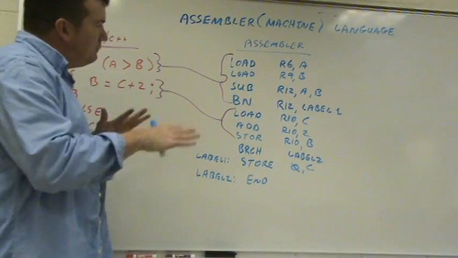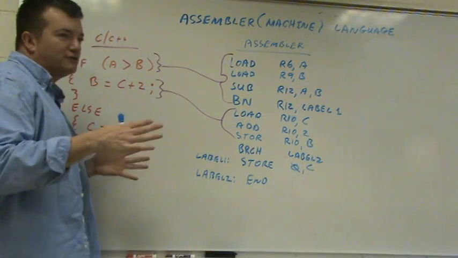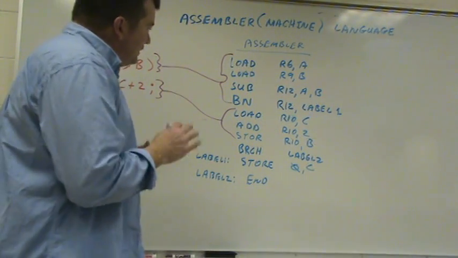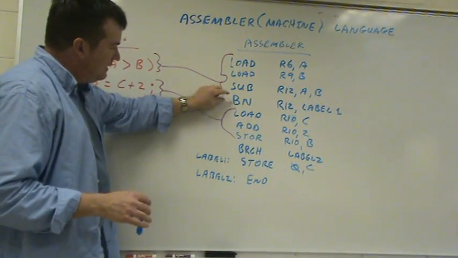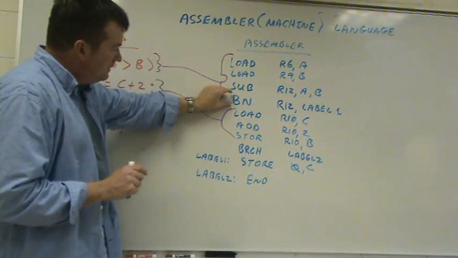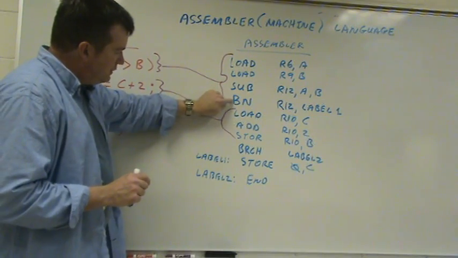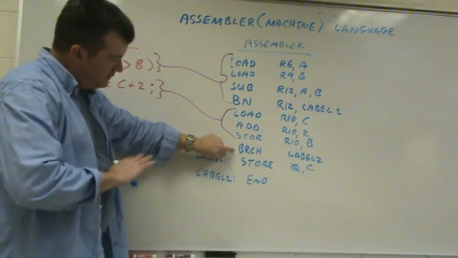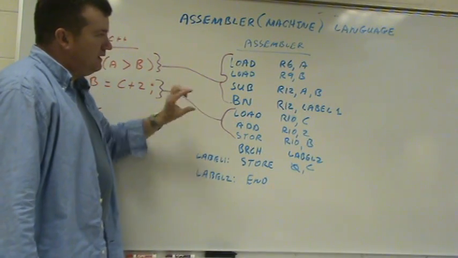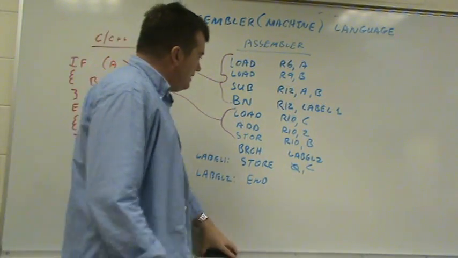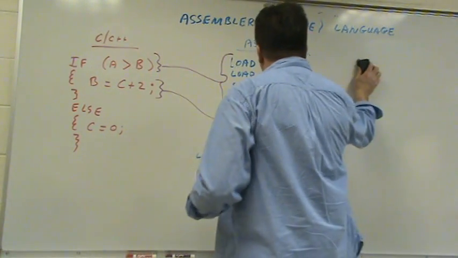One of those behind the scenes steps is we calculate where the next instruction is, and these branches, branch if negative and branch no matter what, will feed into one of those steps. So I just want to talk about those steps.